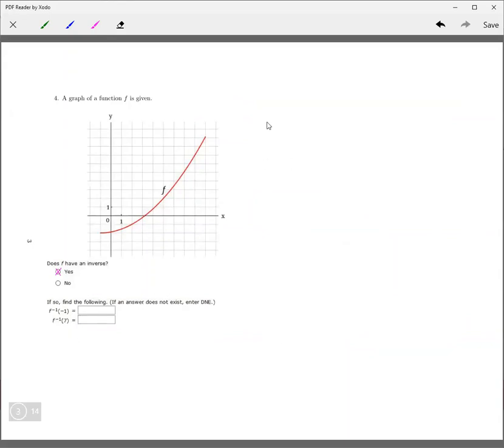Now the thing about the graph of f and the graph of the inverse is that if a, b is on the graph of y equals f of x, then if you reverse those, b, a is on the graph of the inverse function.